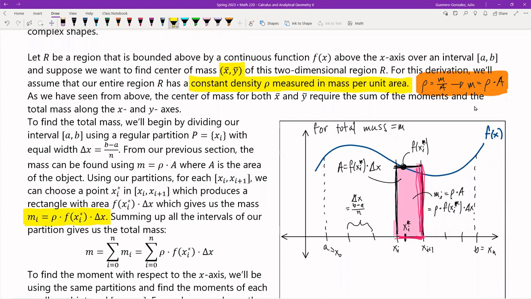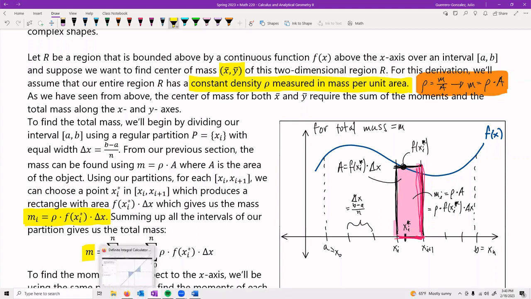Now this computation that I just highlighted is for one particular rectangle. And we have multiple rectangles that go across from a to b. So the idea here is the total mass of this system is going to be the sum of all the little masses that are defined by each one of those rectangles.